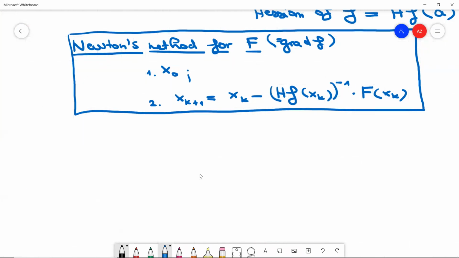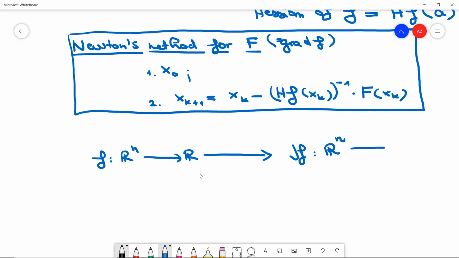This is a little bit confusing here. We have small f, this is a usual function, and then we can compute the Jacobian of small f, which is the gradient, so it's a function from R to the power of n into R to the power of n. So it's just the gradient of f.